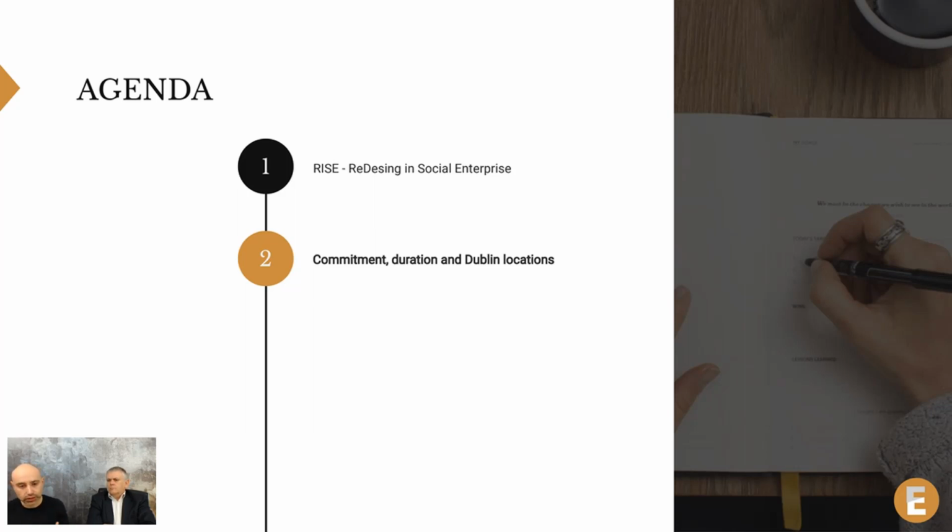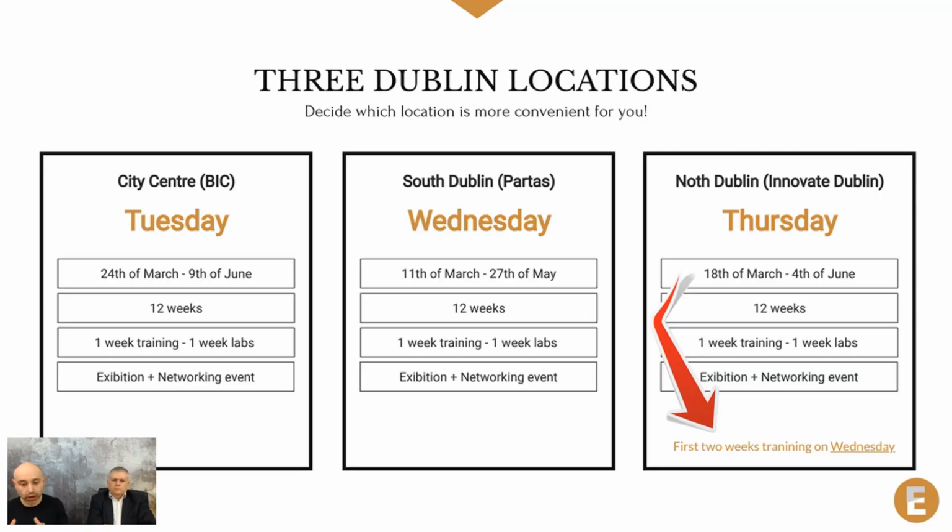So what is also the duration and the 3 Dublin locations where we are delivering this course? Now, first, there was a little bit of a confusion here. What is happening is that we are going to deliver the same course in 3 different locations. Obviously, because there are only 2 trainers, they need to be on 3 different days.